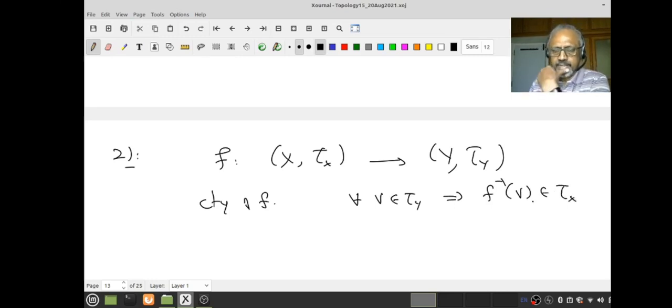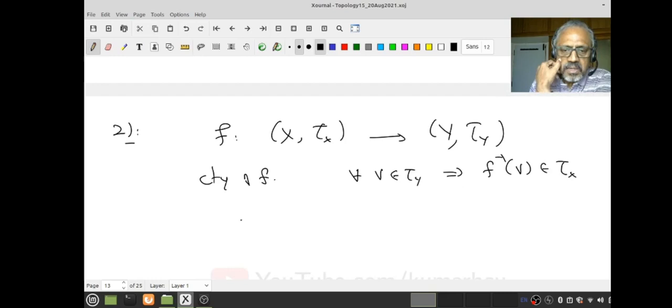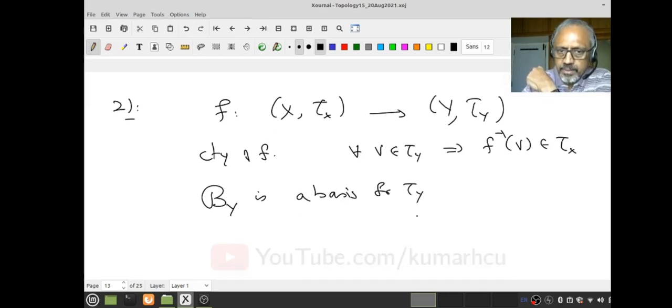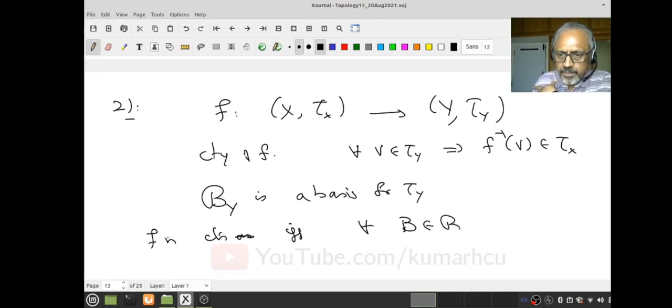That's open, right? Now let us assume script B y is a basis for tau y. Then I am going to say f is continuous if and only if for every B in script B y, f inverse of B belongs to tau x.